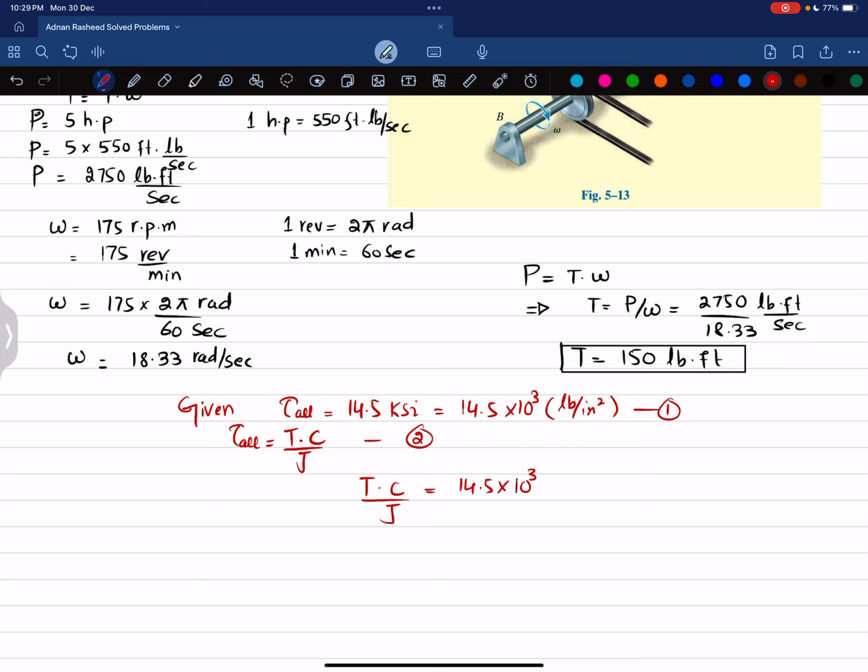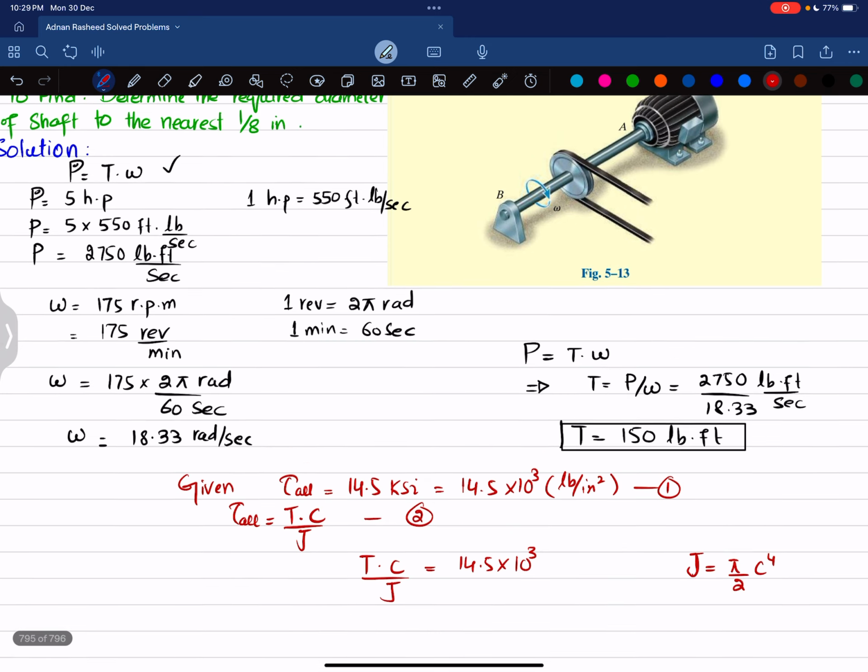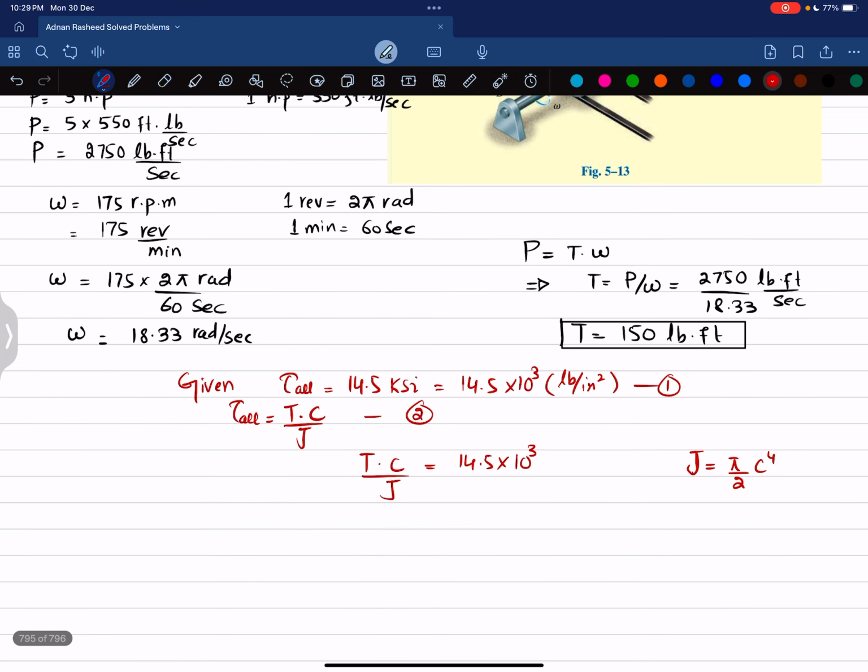Now we know that J is the polar moment of inertia and that will be equal to pi by 2 C power 4, where C is the radius. Clear? Since we are going to find the diameter, just plug in this value. So I will get C divided by J is equal to 14.5 into 10 raised to power 3 divided by torque, and this torque is 150 pound-feet.